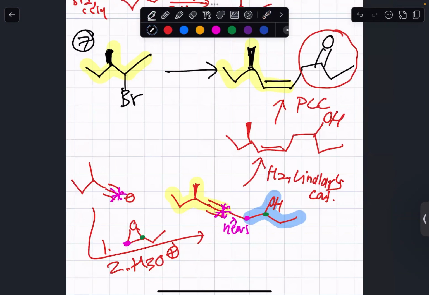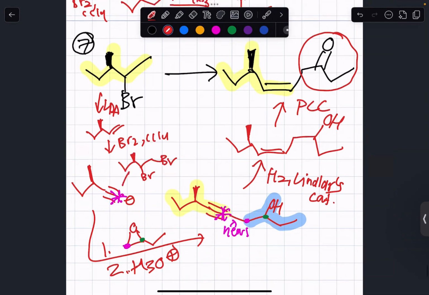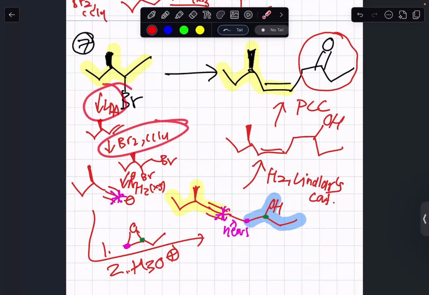And then from here, we do LDA to create the less stable alkene, and then Br2, CCl4 to get the vicinal dihalide. And then we do NH2 minus in excess to get to this alkynyl anion there. So: E2 Hofmann, halogenation in aprotic solvent, terminal alkynyl anion formation.